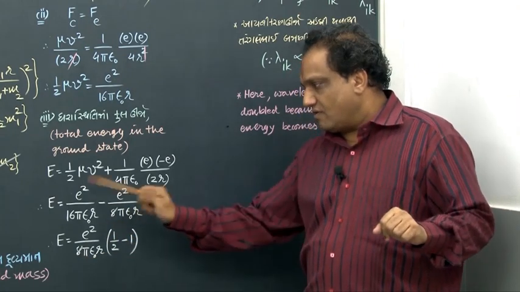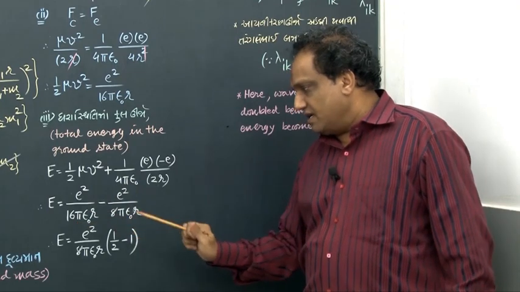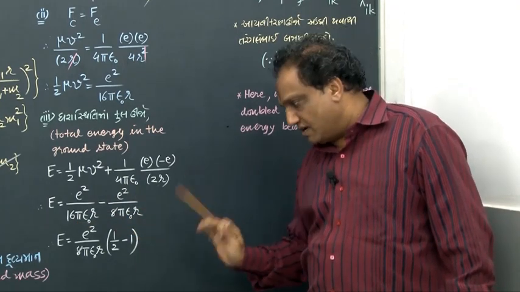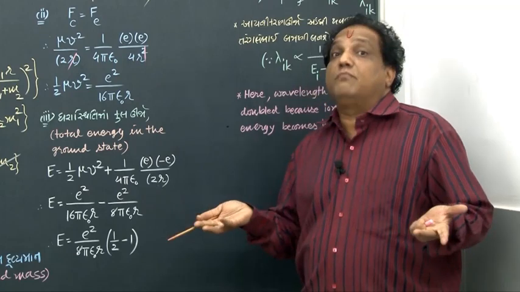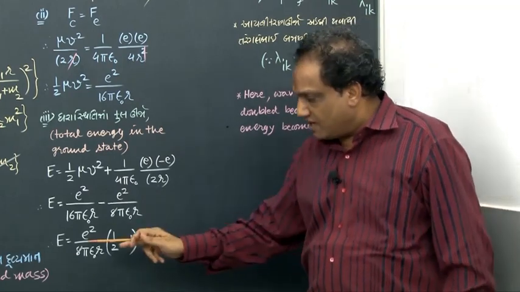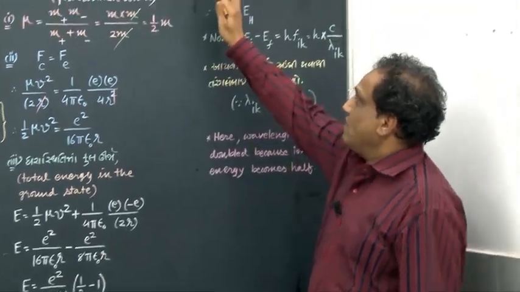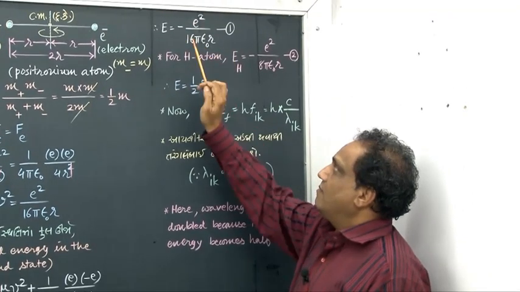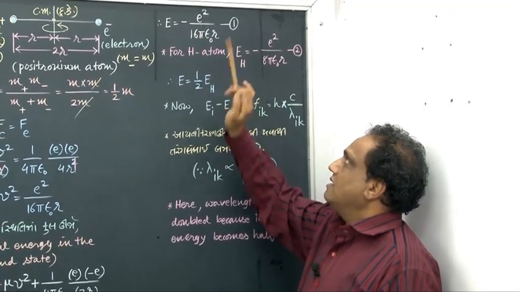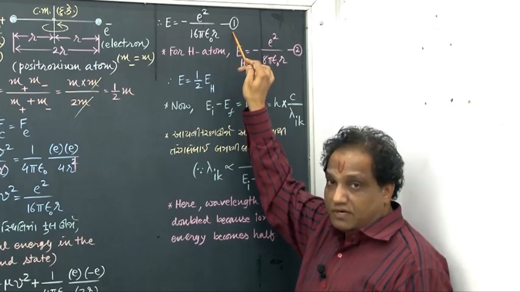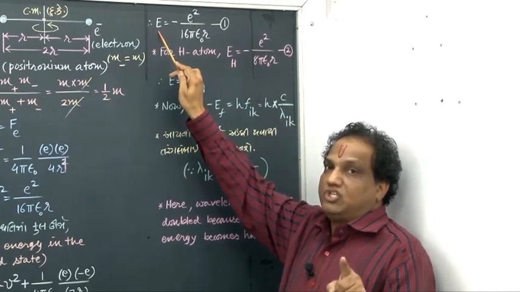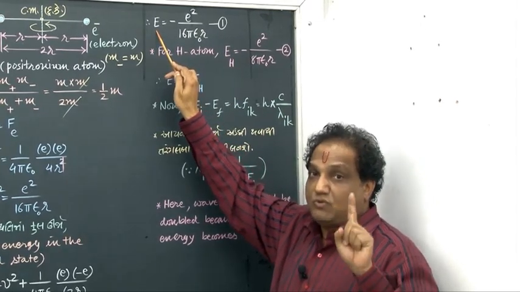Left inside the bracket from here it is 1 by 2, minus, left inside the bracket from here it is 1. 1 by 2 minus 1, what is it? Minus 1 by 2. When you multiply, you will get minus E square upon 16 pi epsilon 0 r.